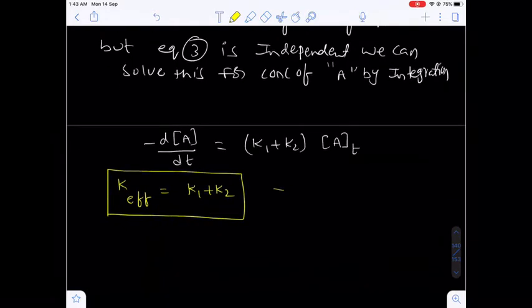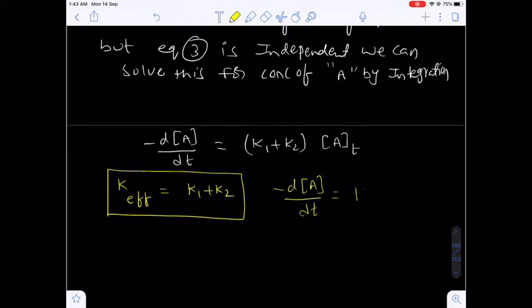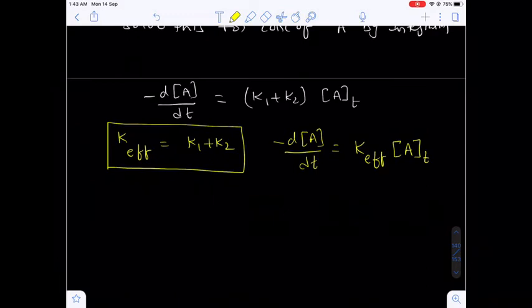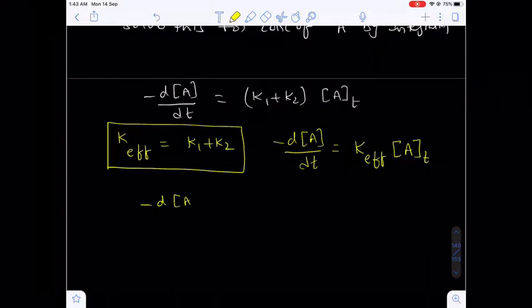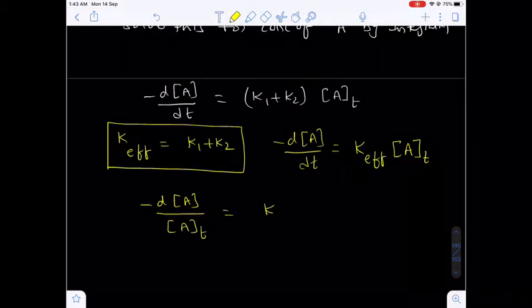So that's why minus dA by dt we shall write as K effective into the concentration of reactant A at a certain time interval t. Okay. Now if you integrate on both sides, you can calculate the concentration of reactant at a particular time interval. So before going to that, minus dA by the concentration of A at a time interval t equals K effective into dt.